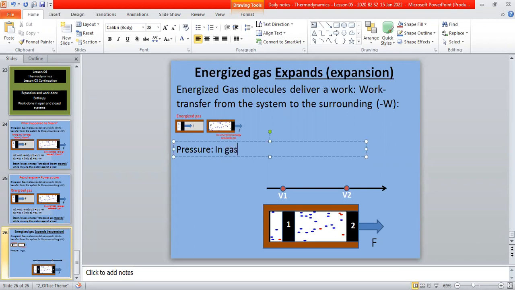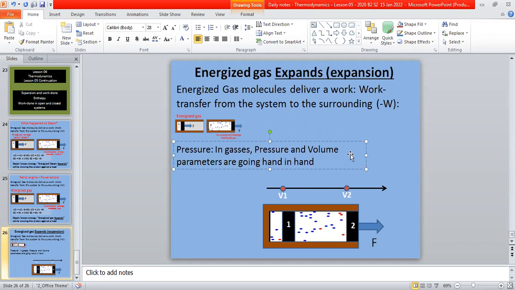In gaseous substances, let's say in gases, the simplest way, pressure and volume parameters are going hand in hand.